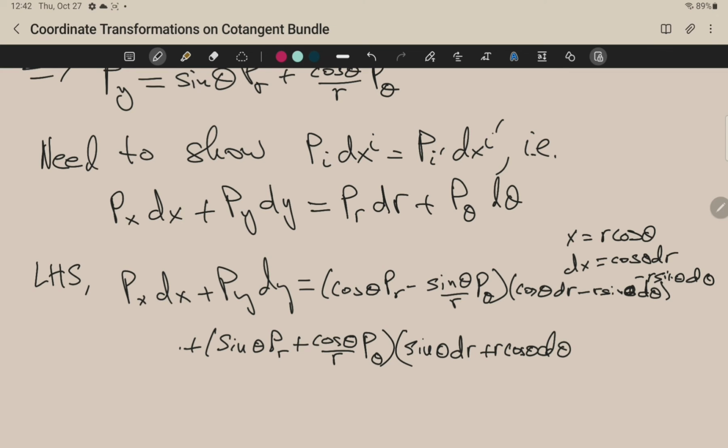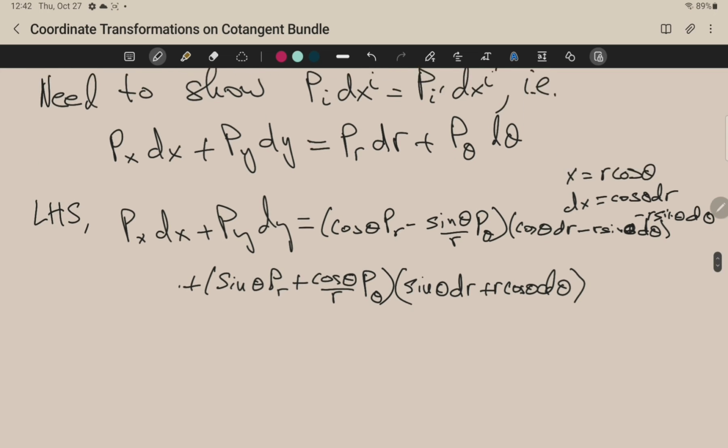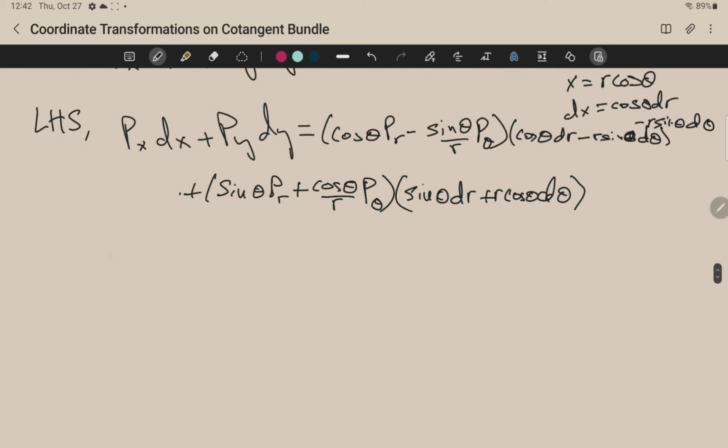And then what we need to do now is just multiply this out and see if it gives us what we want on the right hand side of that previous equation that we wrote down. So expand this. Cosine squared pr dr is the first term.